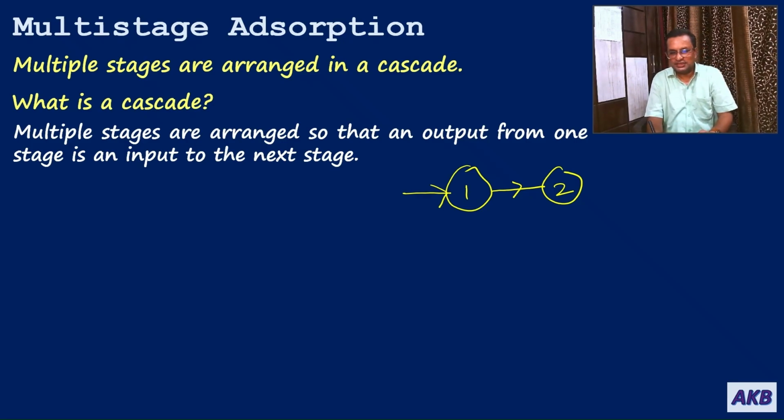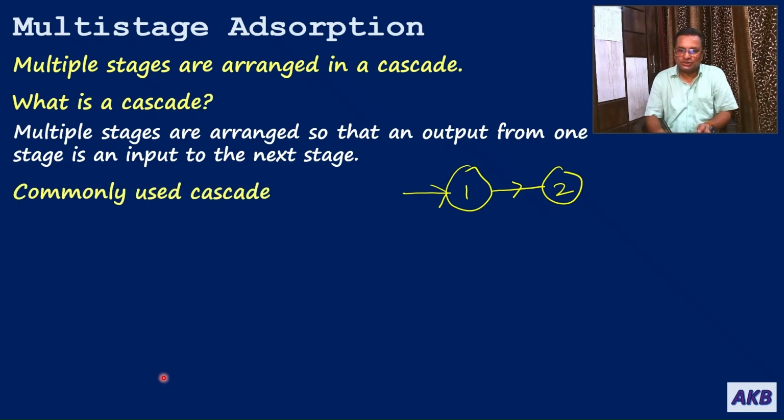If the stages are arranged in this way, then you have the cascade. So cascade is an arrangement of stages in such a way that output from one stage is input to the next stage. Then what are commonly used cascades in industrial applications?